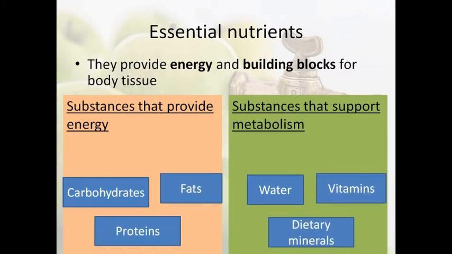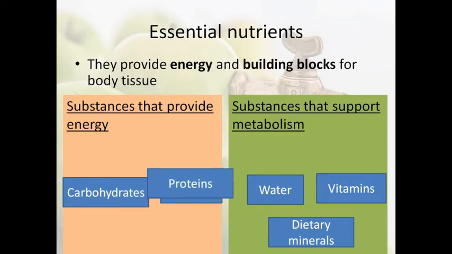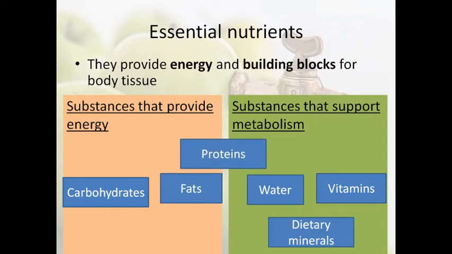So carbs, fats, and proteins provide us with energy, and water, vitamins, and dietary minerals support our metabolism. They are the building blocks of our body. But now proteins are a bit caught in between, because proteins can also support metabolism and be building blocks of our body. So it has both sides.